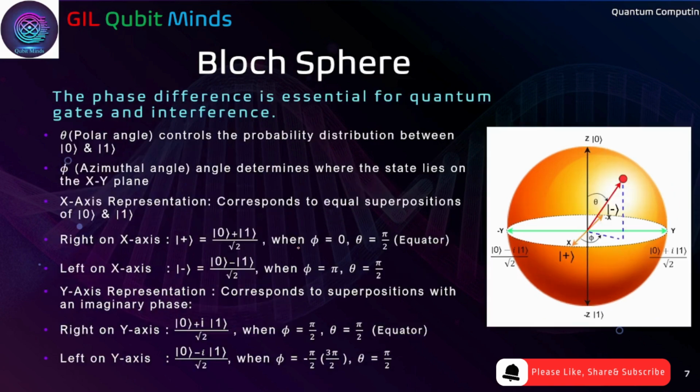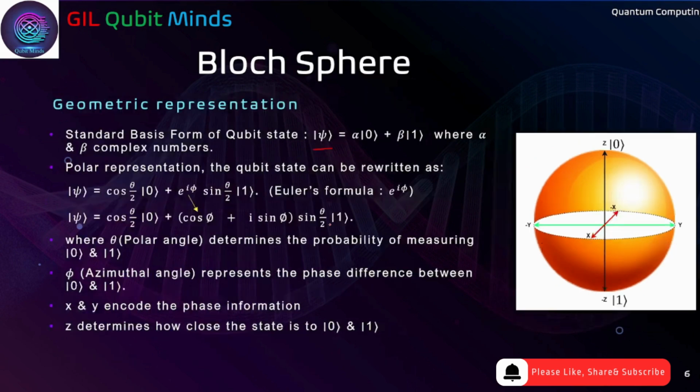So psi Ket equals cos theta by 2 of 0 Ket plus e to the power i phi sin theta by 2 of 1 Ket, which is the polar representation of this same standard basis form.